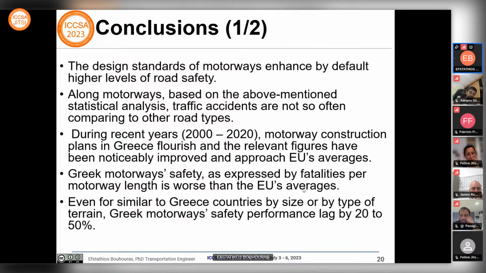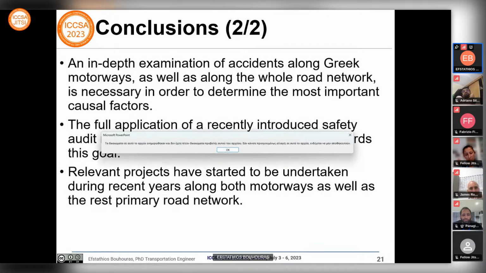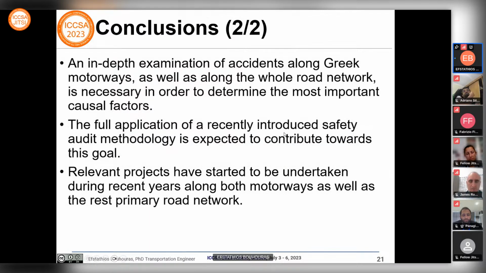We've tried our best the last years. We will keep trying, but we have to do more and more to improve our country's performance compared to other European countries. We need to do an in-depth examination, taking all the information from stakeholders and the police authorities, and try to understand all the characteristics and the reasons for these accidents, especially with fatalities.